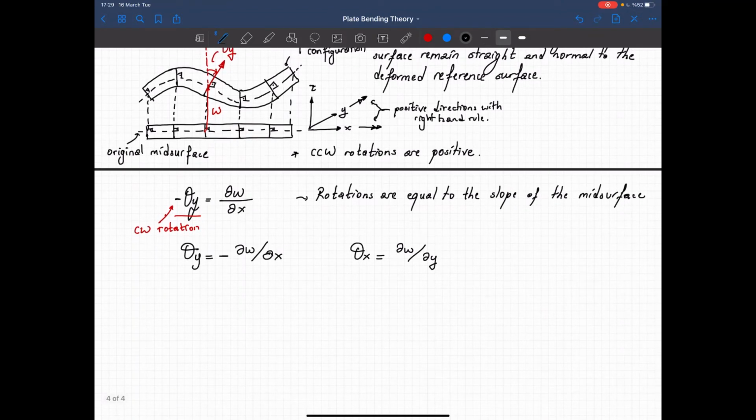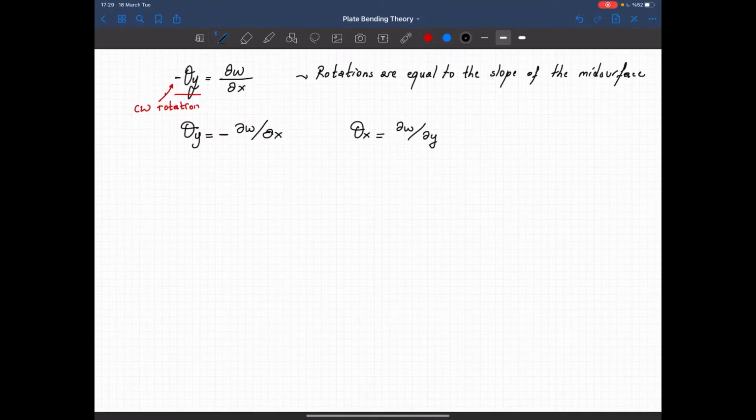Now let's draw this fiber in an exaggerated way, deformed and undeformed configuration. So I have that's the z-axis and w is the deformations along that axis.